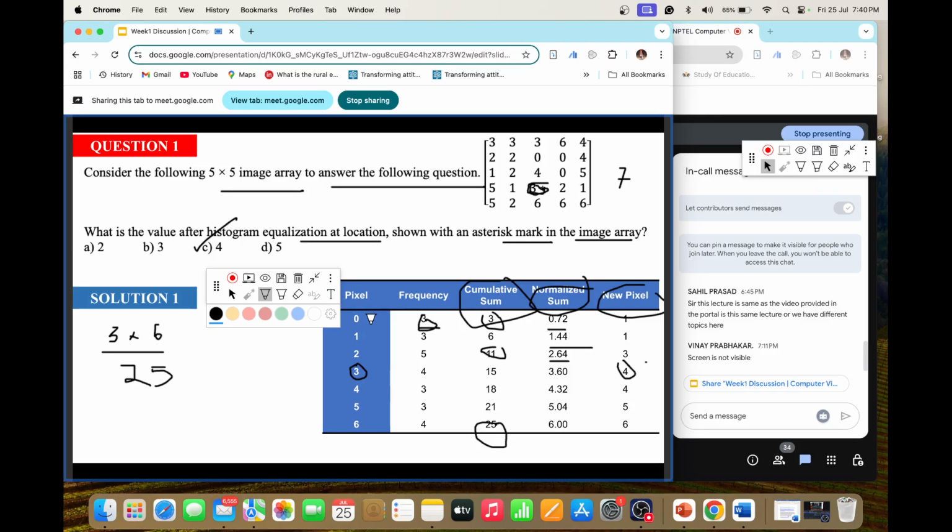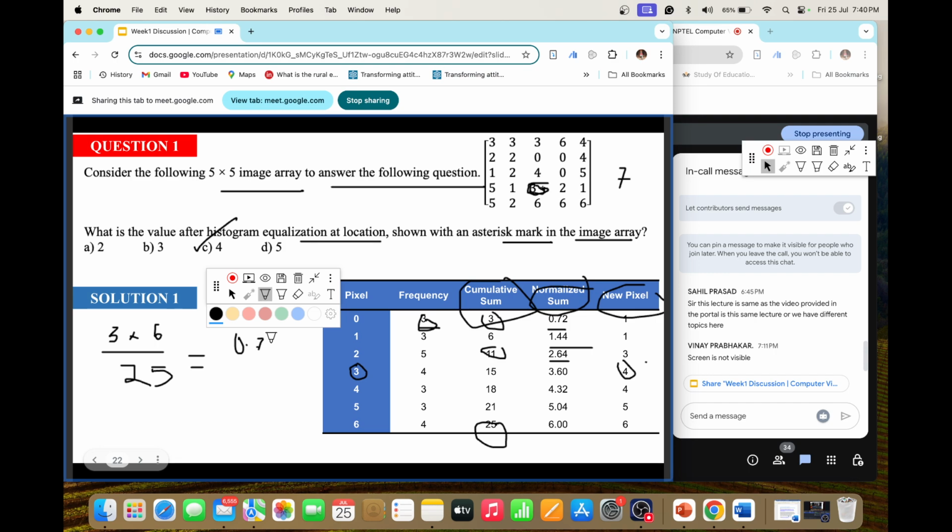Then 3 divided by the total cumulative sum at the last pixel, that is 25, into L minus 1. The pixels are 0 to 6, so 7 types of pixel are there, and L minus 1 is 7 minus 1, that is 6. So 3 into 6 divided by 25 comes to 0.72.